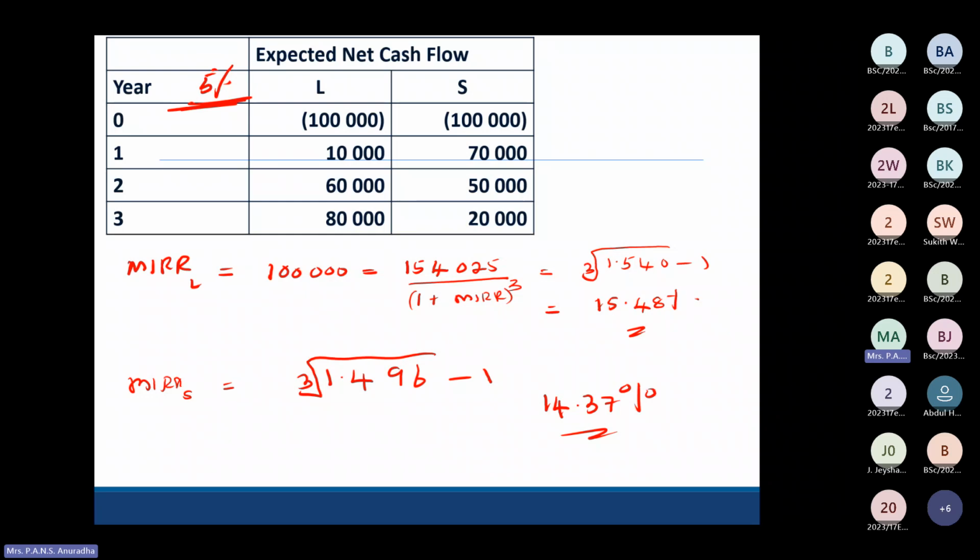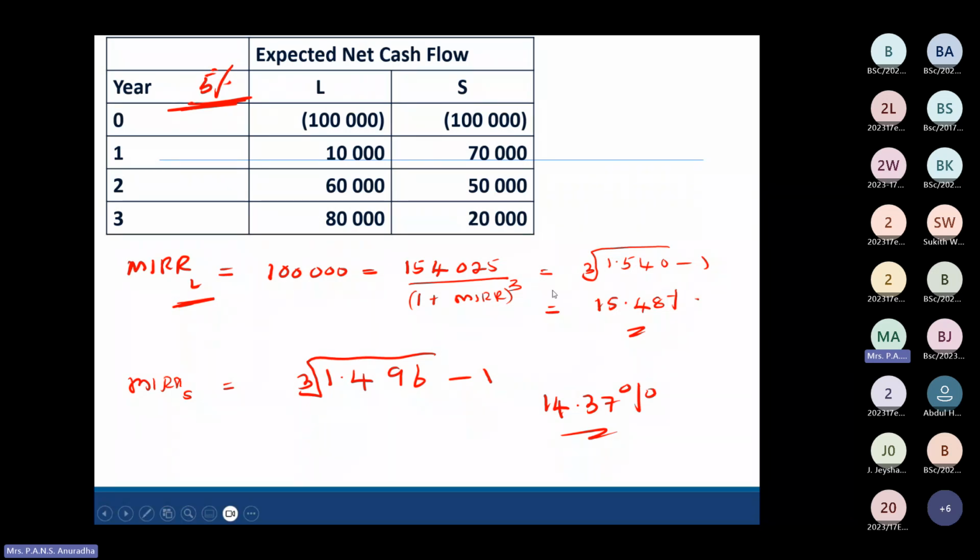You have to accept only one. Then you have to take the one with the highest MIRR. So which one? L. So you can go with project L because MIRR is 15.48, and this is 14.37. Therefore project L is the recommended one at 5% level.